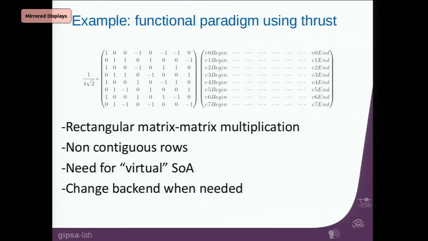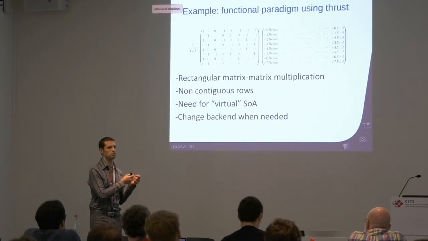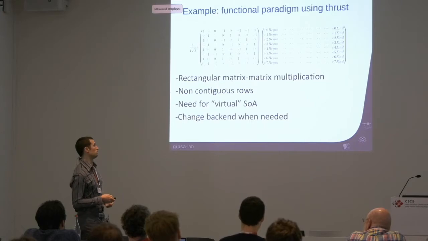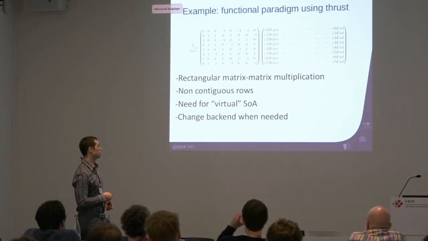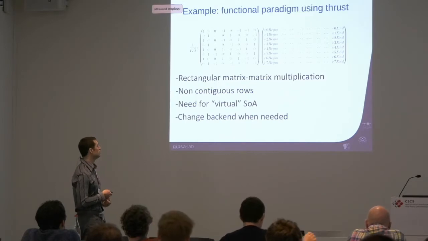So I was not able to easily use a BLAS subroutine or a cuBLAS. Plus, even if I was able to use that, it was not that simple to treat the case where there was enough space to put all the data on the GPU, or if I had to compute that on the CPU. So I was also interested in changing the backend depending on the size of the data.